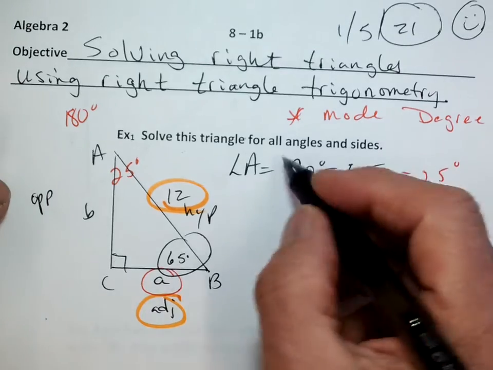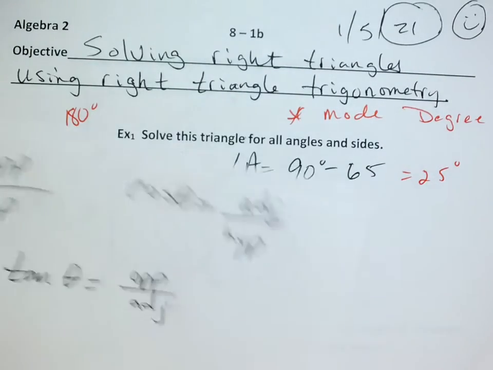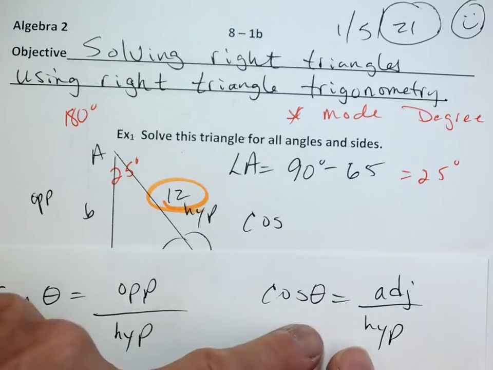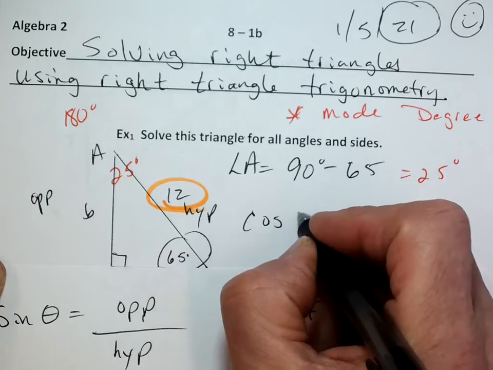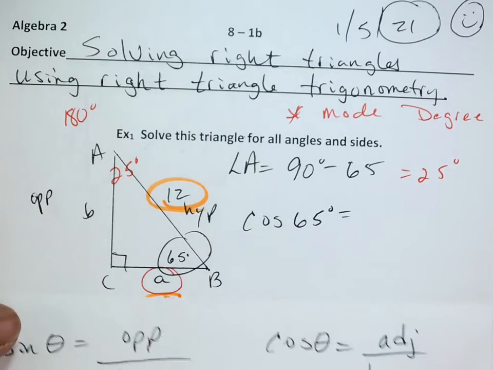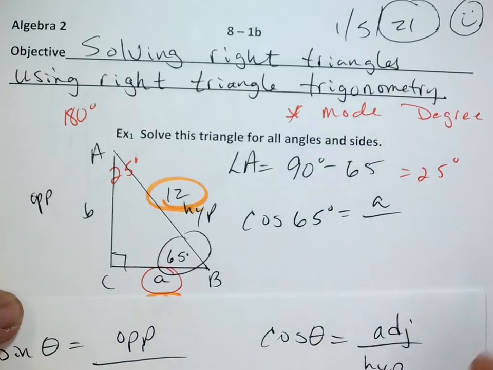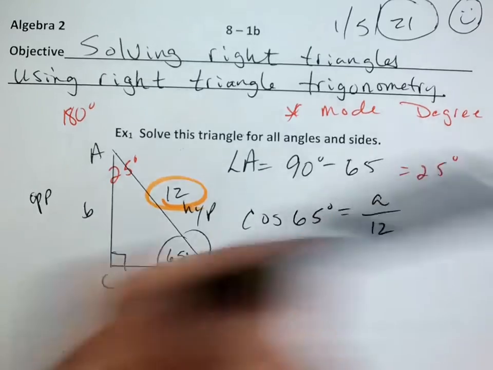So we set that up. Cosine of theta, and theta is my angle, which is 65. Cosine of 65 degrees is equal to my adjacent side, little a, over my hypotenuse, which is 12. Hopefully this is just a review of what we learned last year.